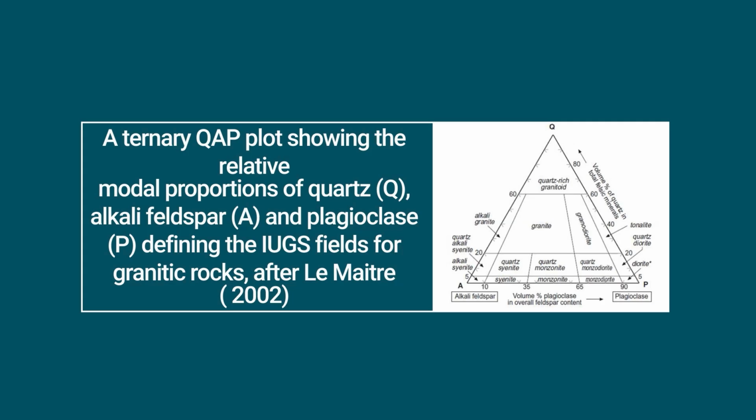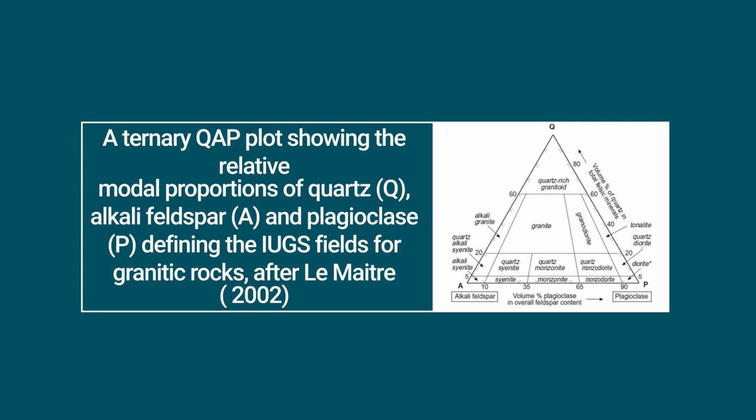Here Q stands for quartz, and the quartz content increases from the AP plane towards Q. Likewise, the plagioclase feldspar, which is a type of feldspar group mineral, increases from the AQ plane towards the P point. And the alkali feldspars increase from the QP plane towards the A point.